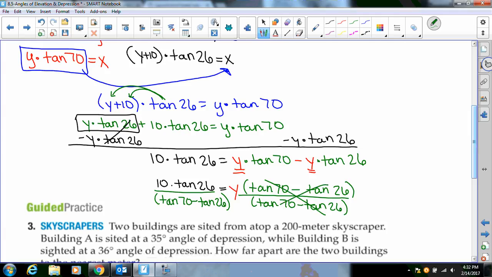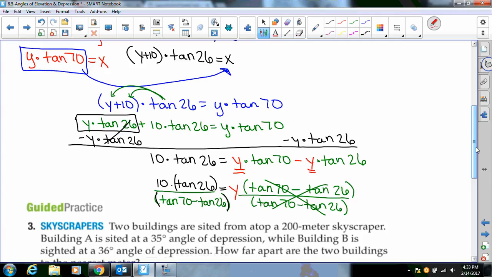This thing cancels out, and you're just left with y. So on your calculator, you need to plug in 10 times, and it's not even a bad idea necessarily to maybe put this in parentheses too. And then you need to divide by, and make sure when you're doing this, when you divide, you have parentheses on the bottom denominator of that tan 70 minus tan 26.